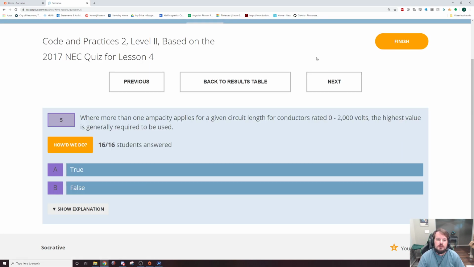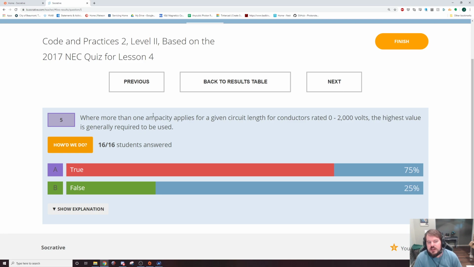Alright. Where more than one ampacity applies for a given circuit length for conductors rated 0 to 2000 volts, the highest value is generally required to be used. Oh, I misread that.